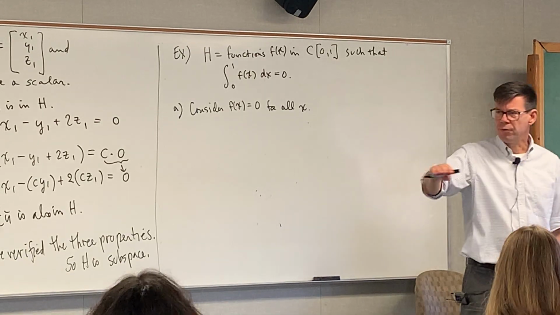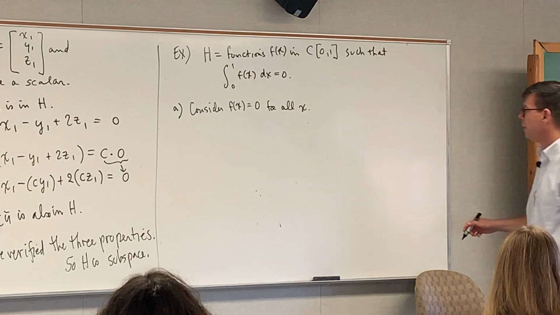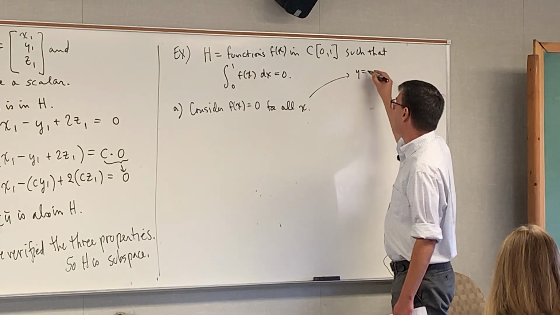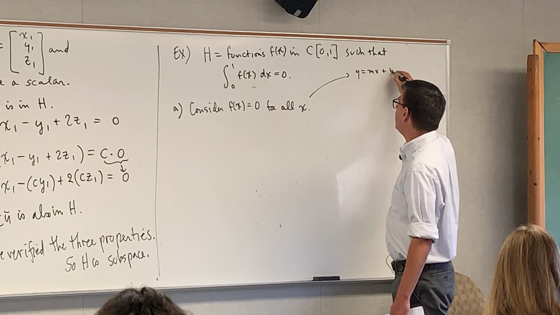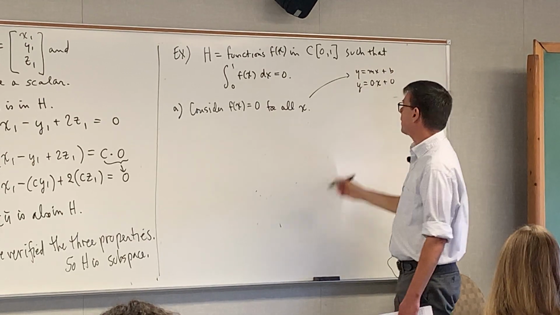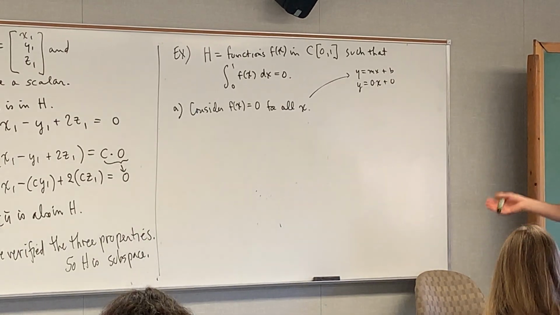That's just a function whose graph is the x-axis. So it exists. Or if you wanted, it's like y equals mx plus b, y equals 0 times x plus 0, a line with slope 0 and y-intercept 0.